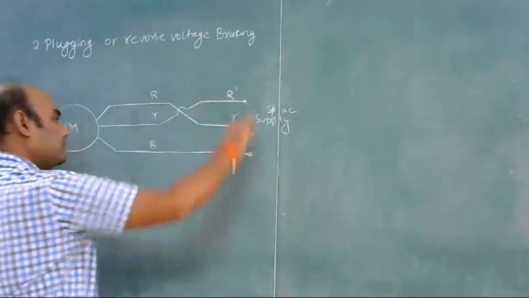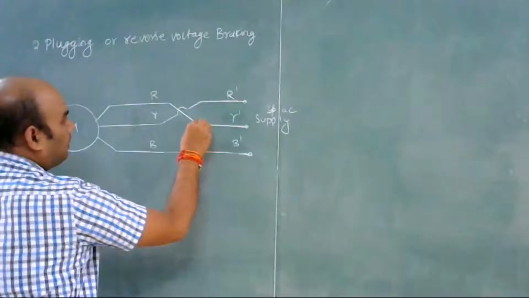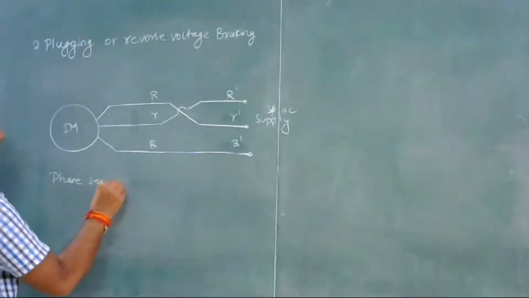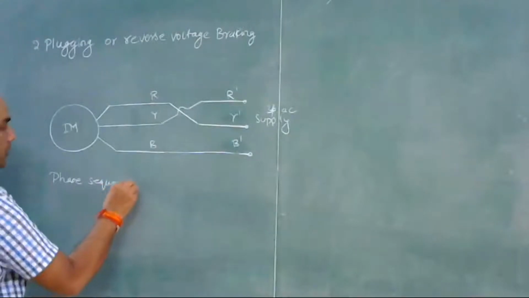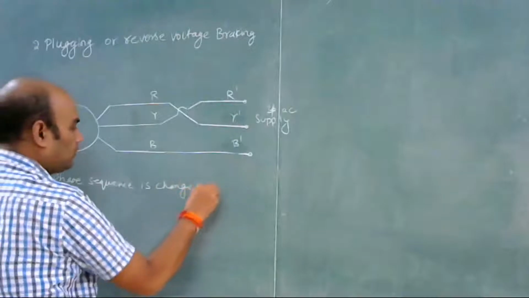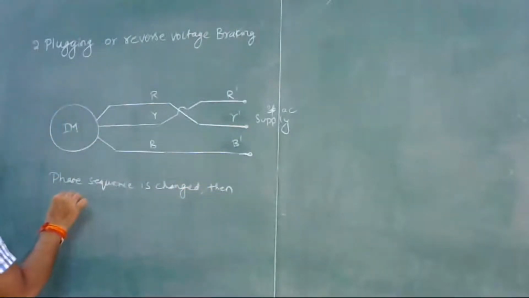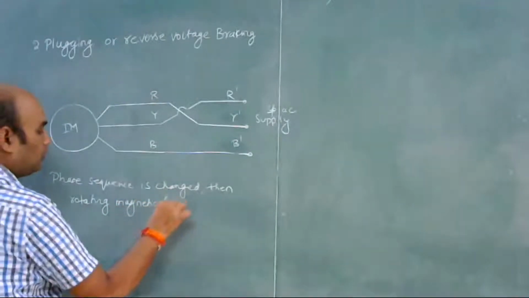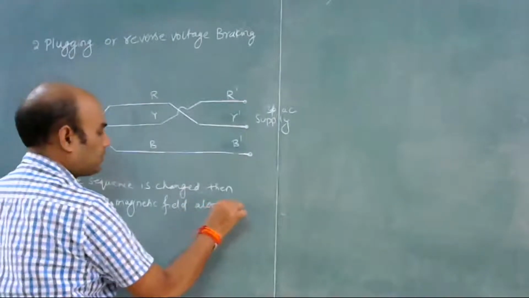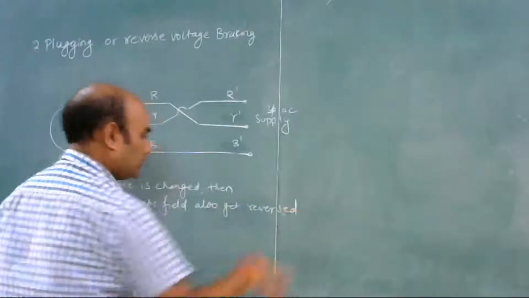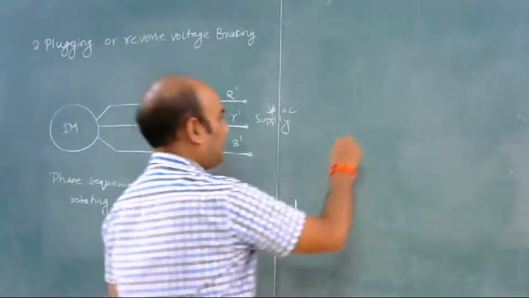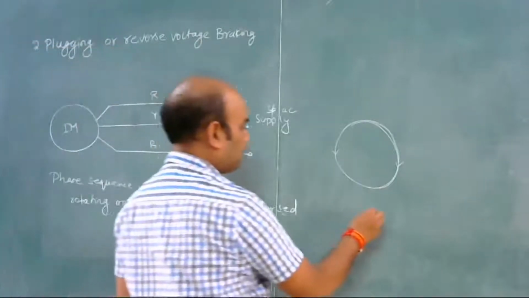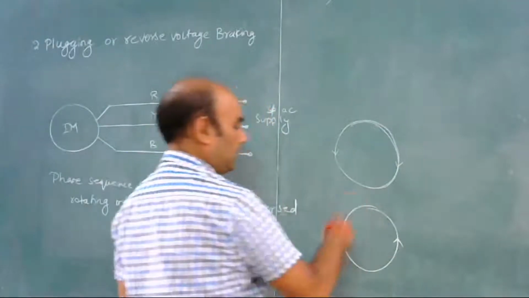When the phase sequence is changed, the rotating magnetic field also gets reversed. Suppose the rotating field is rotating in the clockwise direction, and when we change the phase sequence, it will now rotate in the anti-clockwise direction.